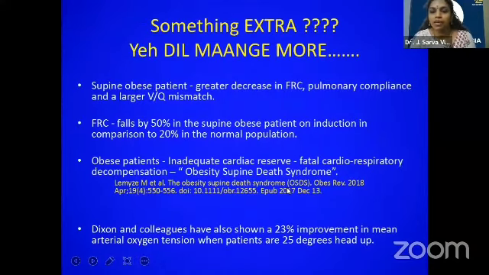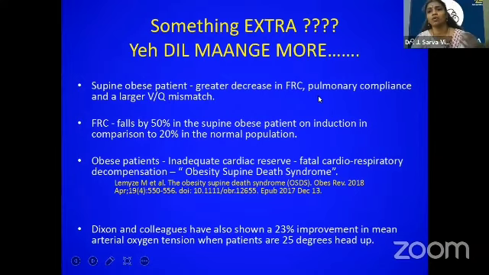So we always demand something extra. Does this ramp position offer something extra other than better laryngeal view? Yes, it does, because in many obese patients, when they are placed supine, we can see that there is a greater reduction in functional residual capacity, as great as 50% when compared to 20% in the normal population. And there is a greater reduction in pulmonary compliance and a larger VQ mismatch.